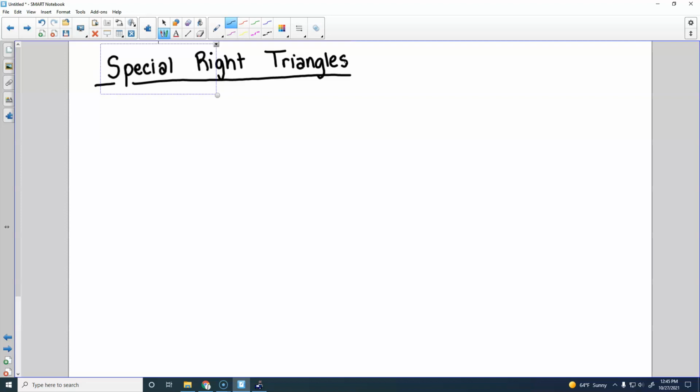In fact, I have actually even used these special right triangles in real life, because there are a couple types of triangles that you see often. One of them is a 45, 45, 90 triangle.